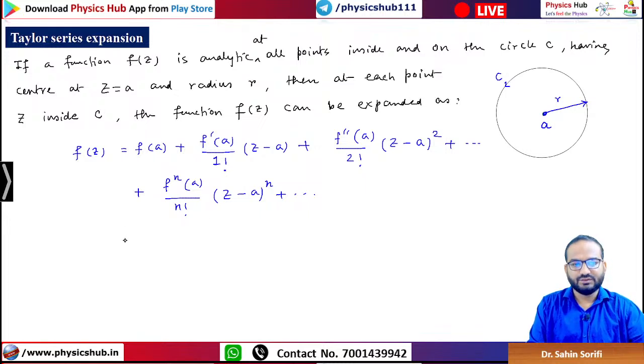So you can also write it in a compact form with the help of a summation, like n equals 0 to infinity, nth derivative of f of z at z equals A divided by n factorial, times z minus A whole to the power n.